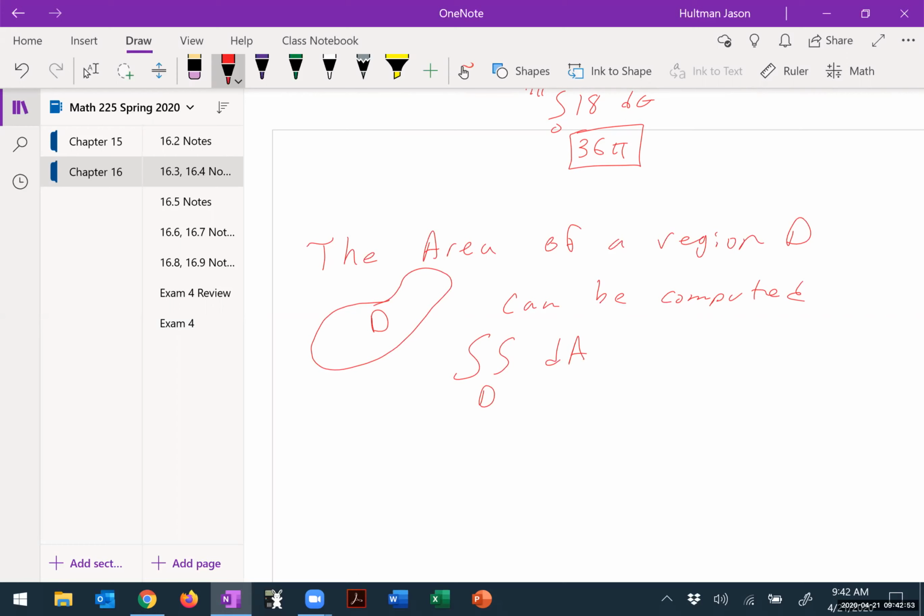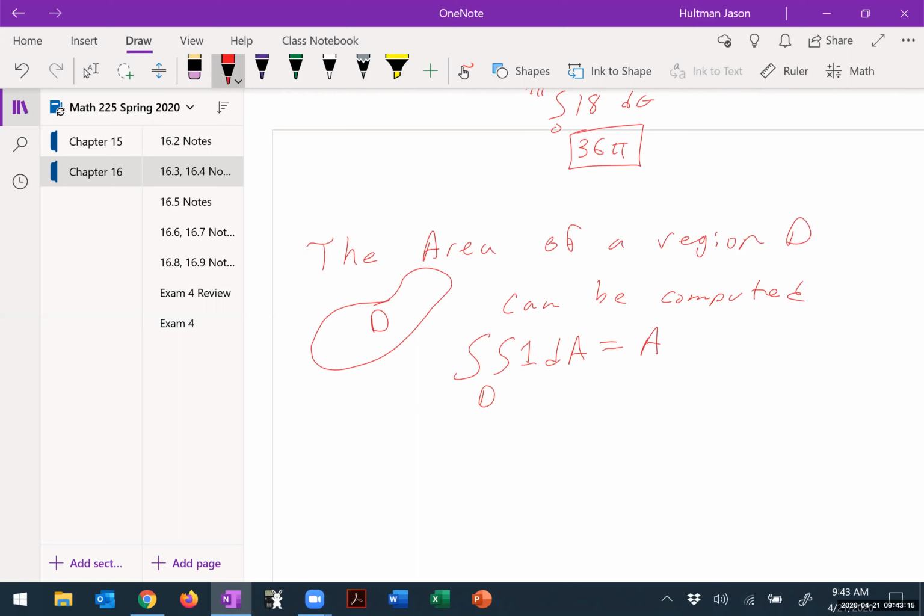To find the area of the region, our function would just be 1, so the double integral of 1 dA is equal to the area.